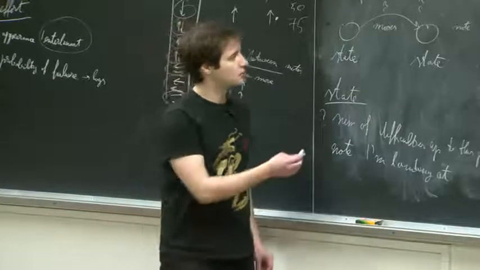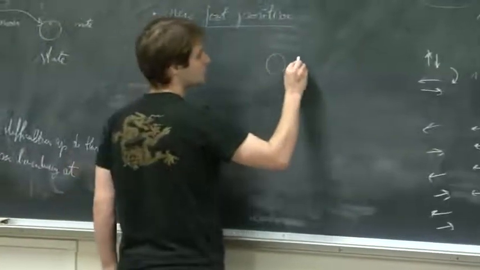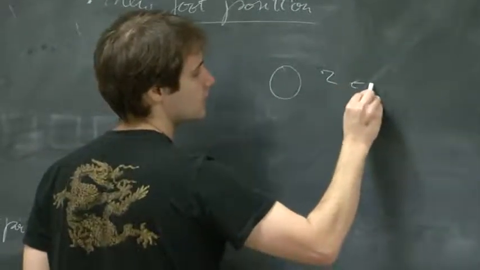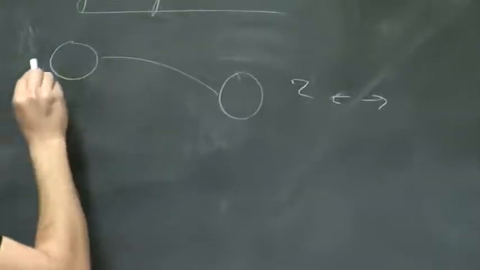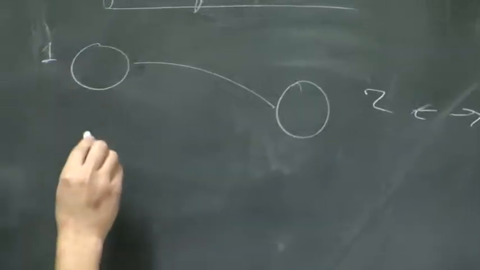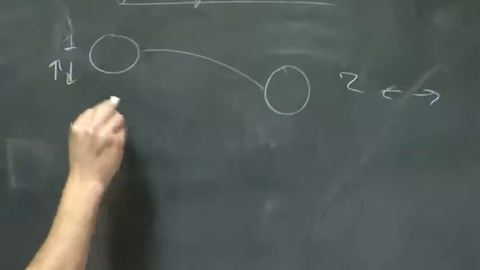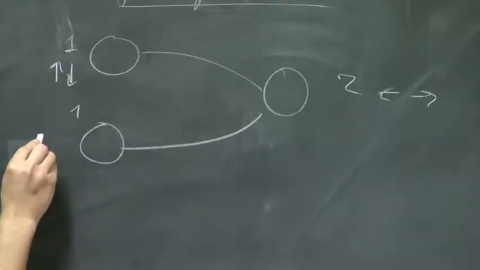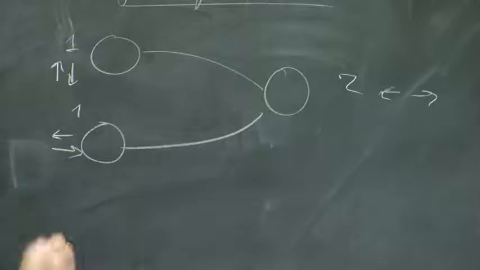So say I'm considering the state of, I'm at node 2. Node 2 says left, right, and I'm considering coming here from node 1, where my foot position was up, down, or coming here from node 1, where my foot position was left, right.